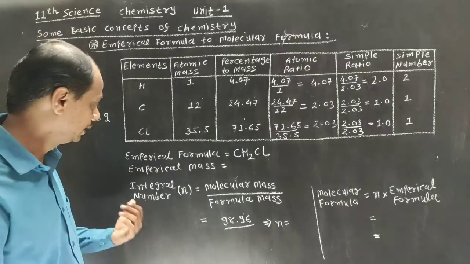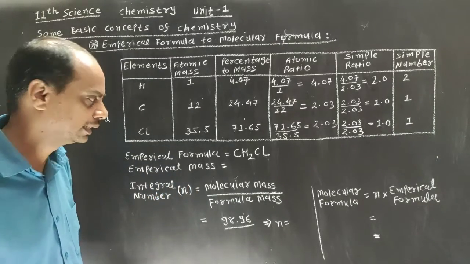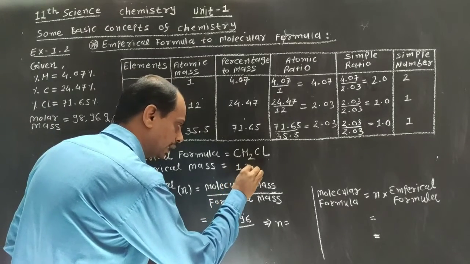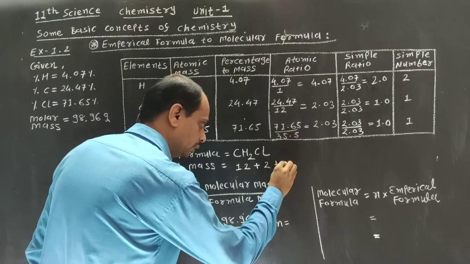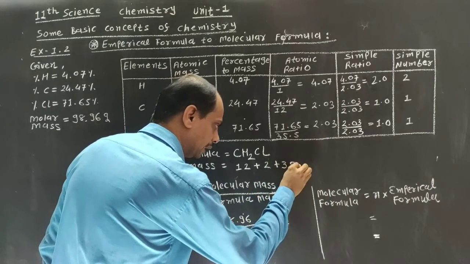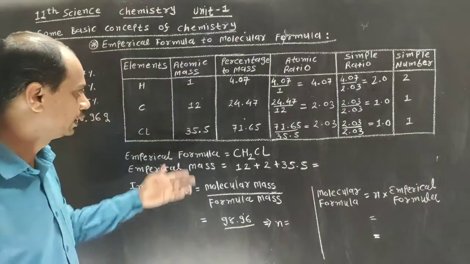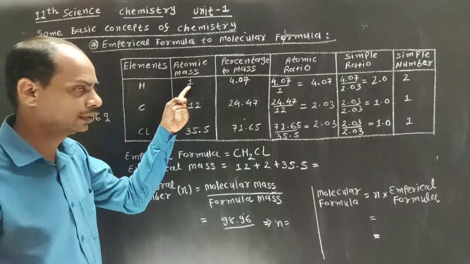Now let us calculate the empirical mass. For carbon it is 12. For hydrogen it is 2. And for chlorine it is 35.5. As one hydrogen is there, the mass is 1.